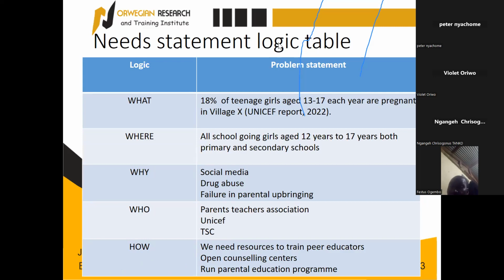Can schools be declared as... why is this drug abuse rampant in our schools? There must be an investigation of the same, so that we attack that and develop how to solve it by addressing the main cause of drug abuse in our schools. Failure in parental upbringing will come up with what we call the parental education program that we need to develop now.